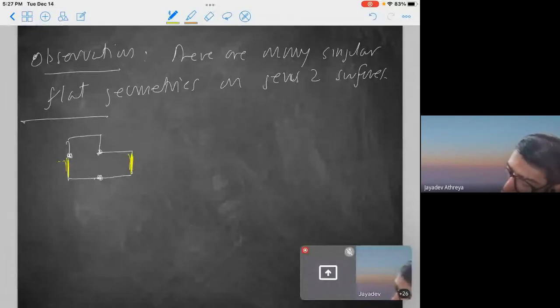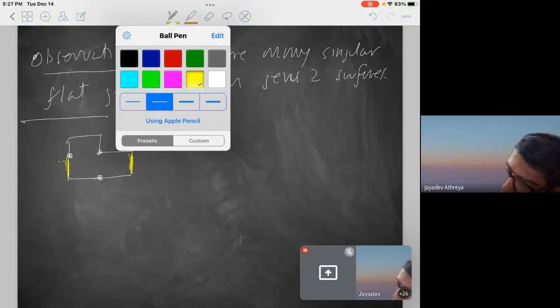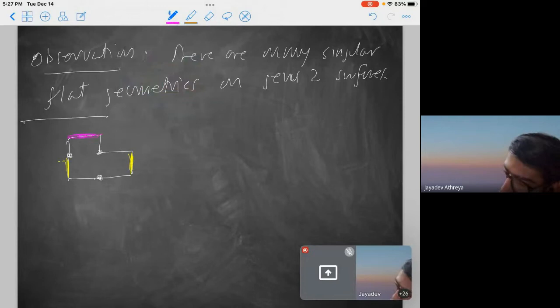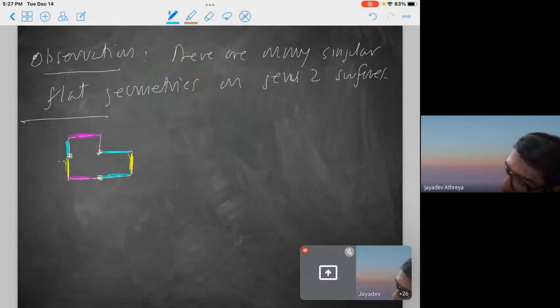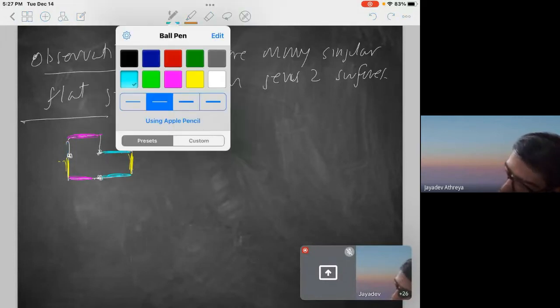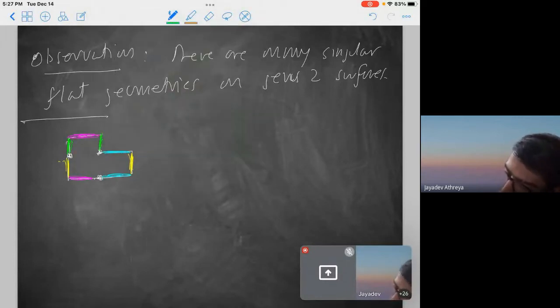So maybe this yellow side is glued to this yellow side. Maybe this side is glued to the pink side. This blue is glued to this. And maybe this green, sorry, that's the blue again. This green is glued to this green.